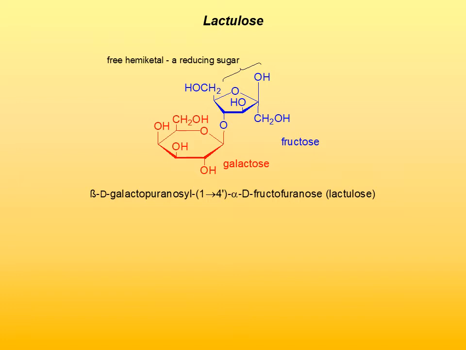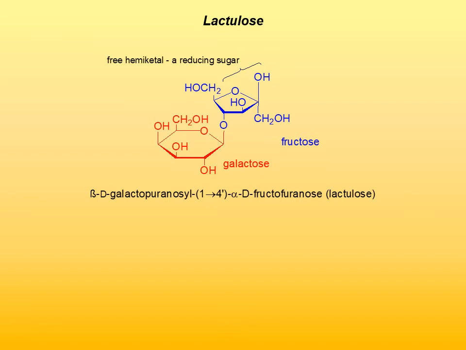Lactulose is not present in raw milk, naturally occurring milk, but it is produced upon heating of lactose. So lactose, when heated, when milk is, for example, pasteurized, will partially, to a small extent, be isomerized into lactulose.